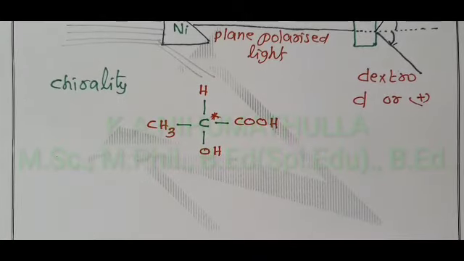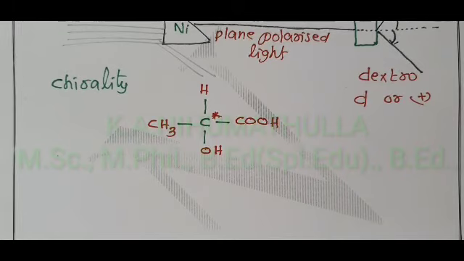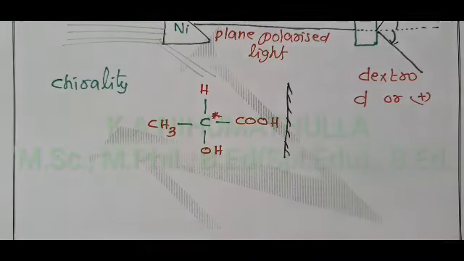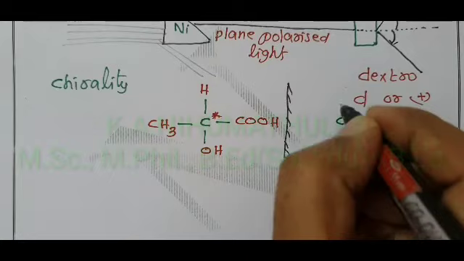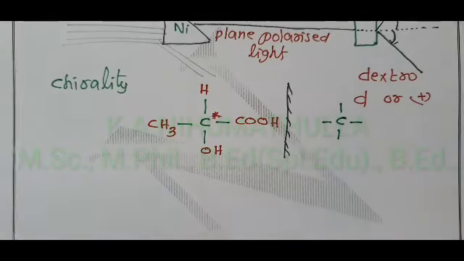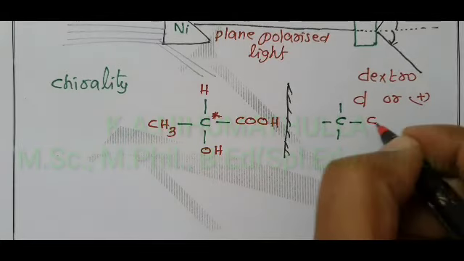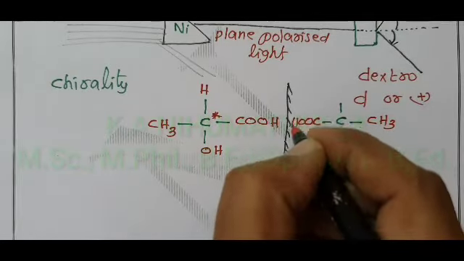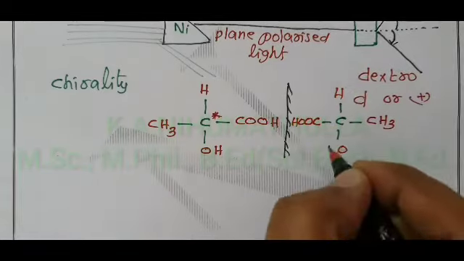This is the molecular formula for lactic acid. If a compound has a chiral carbon, the compound and its mirror image, this is the mirror, when the mirror is placed on the right hand side, you will get an image like this. Carbon at the center, 1, 2, 3, 4. This methyl in the mirror image appears here, CH3, and this COOH, hydrogen is here, OH is here.